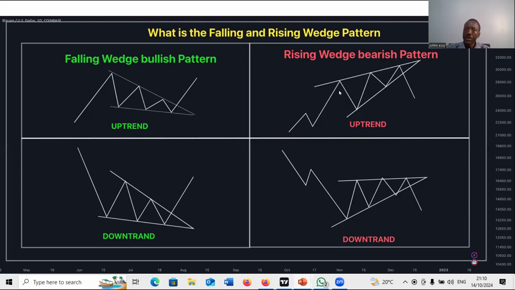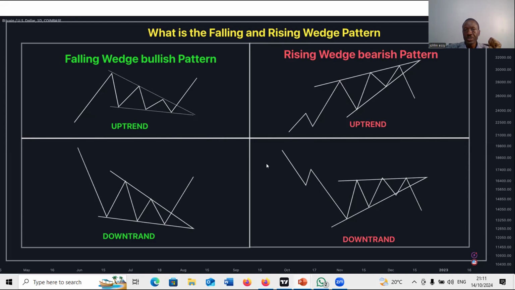The rising wedge will be formed when we have the higher highs and the higher lows. Then we have the other category, which is called the falling wedge. The falling wedge, on the other side, forms in a sloping manner, and we are going to have the higher lows and the lower lows forming it.